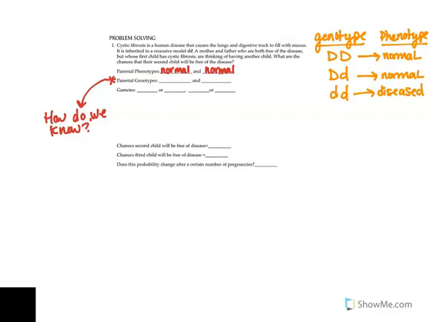So I'm going to run my Punnett squares down here. Let's say one of the parents was homozygous dominant, and this is just a test, I don't know this, and let's say the other is homozygous dominant as well.